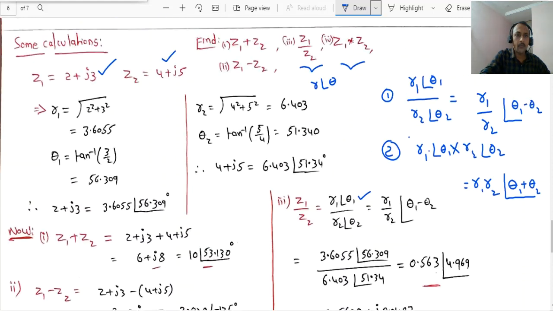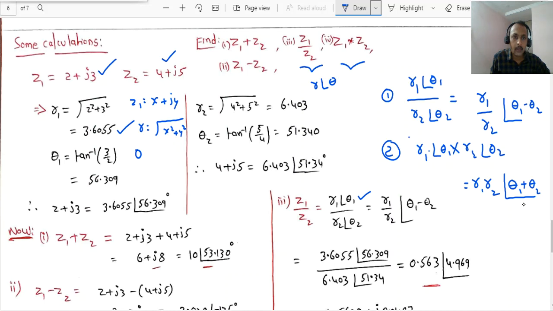Now, for convenience, just express Z1 in terms of R at an angle theta. What will be the R? Magnitude is square root of x square plus y square, 2 square plus 3 square. R1 is 3.6055. Angle theta, if Z1 equals x plus jy, R is nothing but its magnitude, square root of x square plus y square.